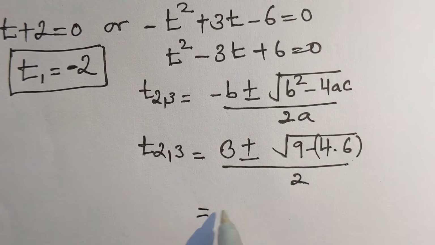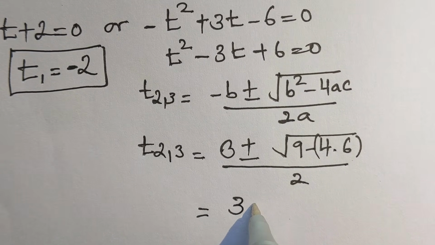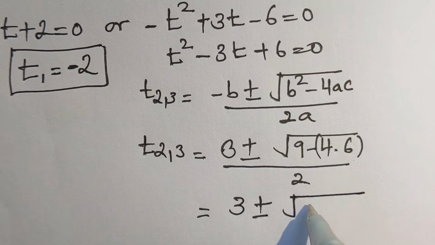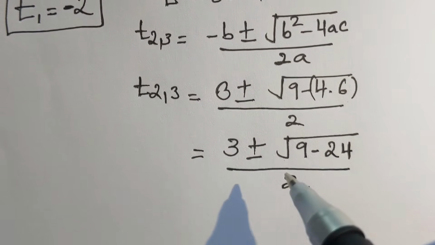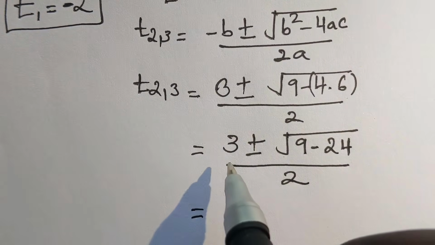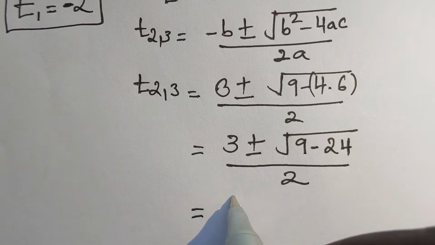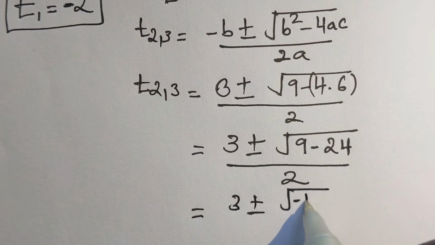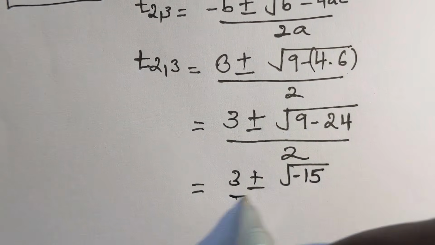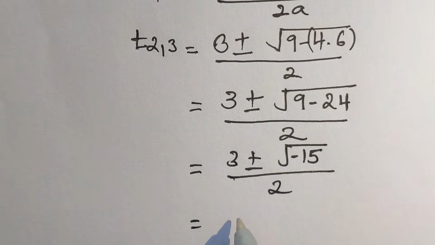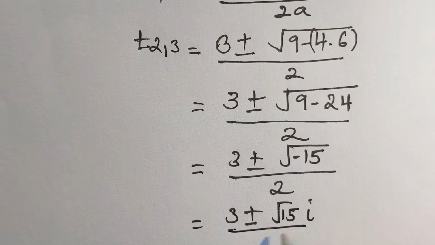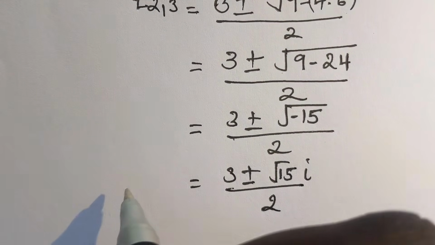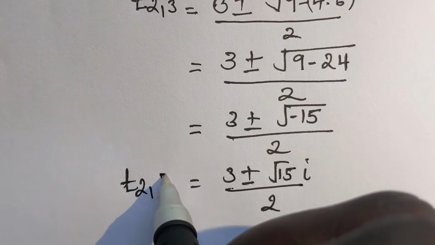This equals 3 plus or minus square root of 9 minus 24 over 2, which is 3 plus or minus square root of negative 15 over 2, so that our final answer is 3 plus or minus square root of 15 i over 2. So these are T2 and T3.